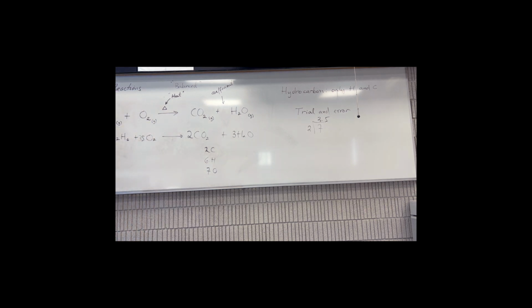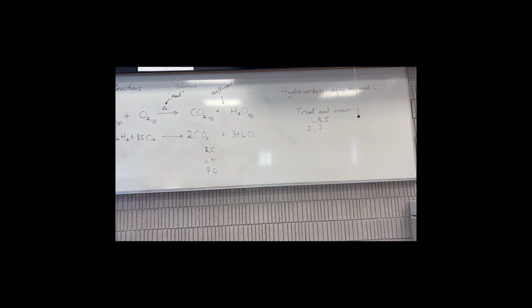Trial and error. That doesn't work because we cannot use numbers that are not integers. However, and Jana, thanks to your contribution, I thought of that. So 3.5 is wrong, but it's not wrong because that gives you 7 oxygens, right?